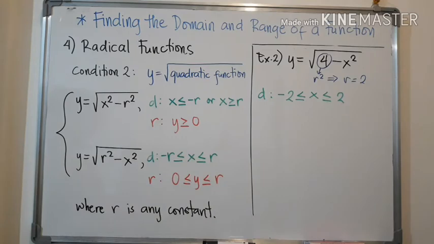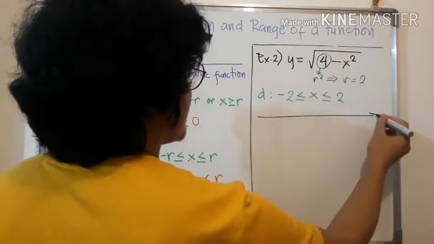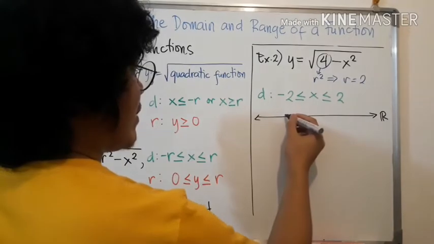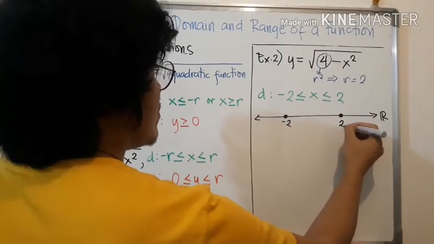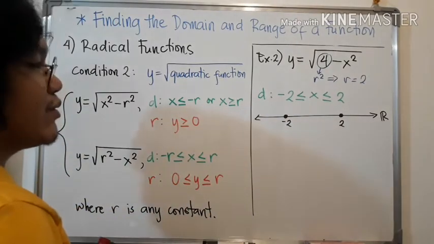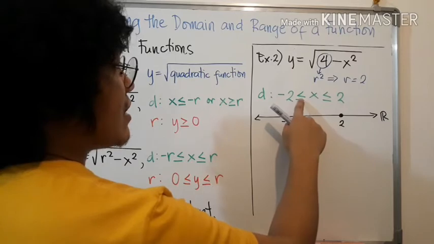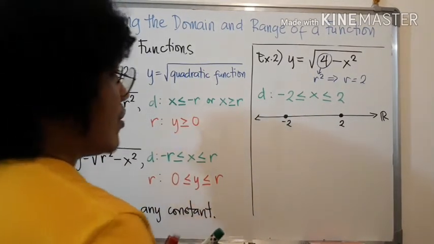Okay, so I'll show you how this domain looks like in the real number line. So say we have this real number line, we have this negative 2 and positive 2. So our domain is the set of all x values greater than or equal to negative 2.